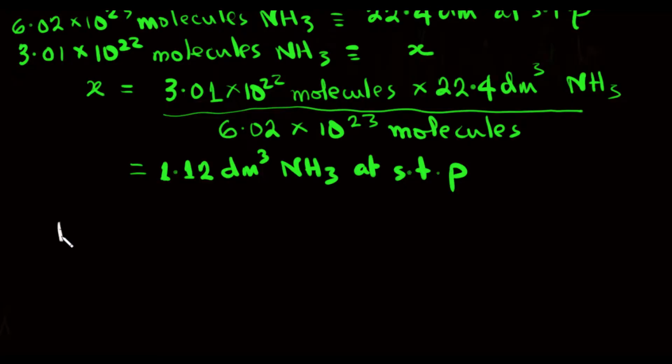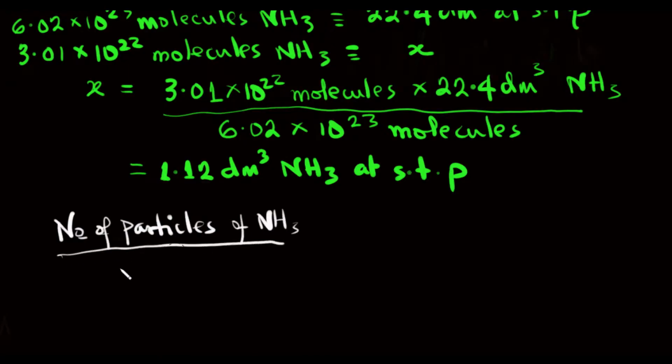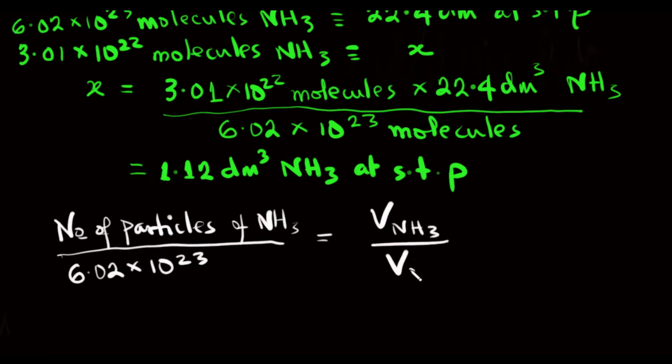Alternatively, we can use number of particles of ammonia divided by Avogadro's number equals volume of ammonia all over molar volume.